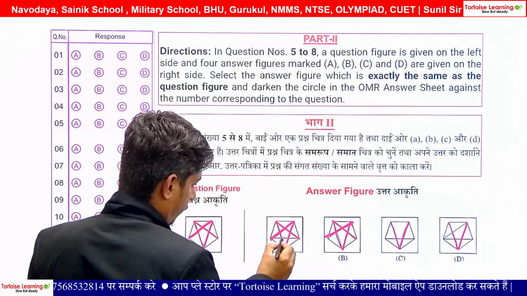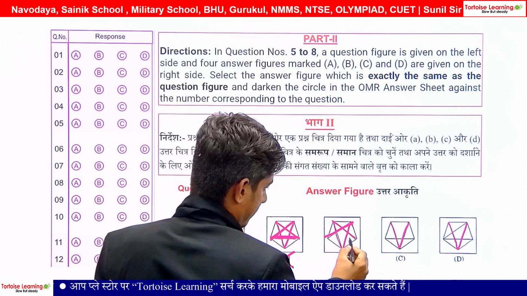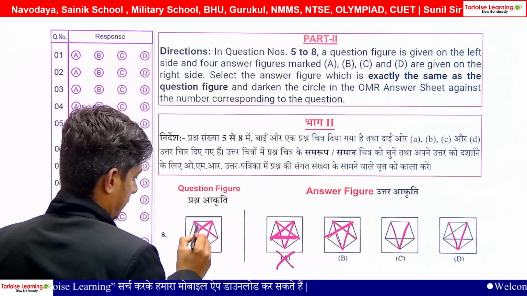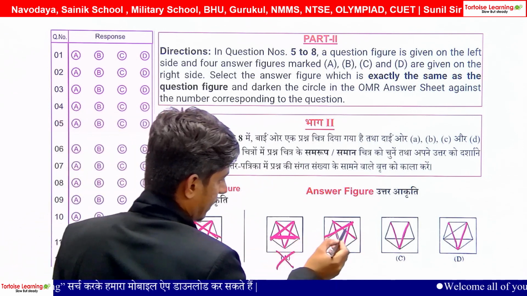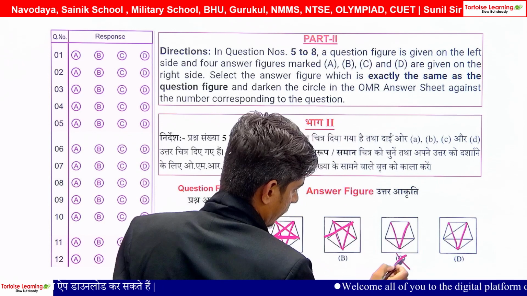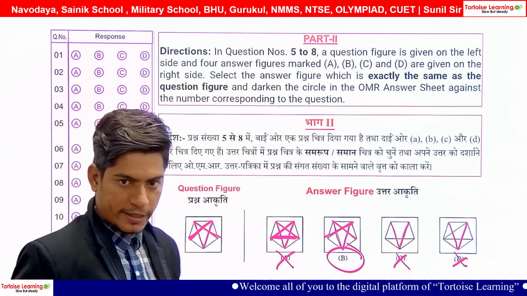But if you look at this, it has an extra line, so this is wrong. This one doesn't have lines like this, so this will also be wrong. This is also wrong. We are left with the B option, so B will be the correct answer.